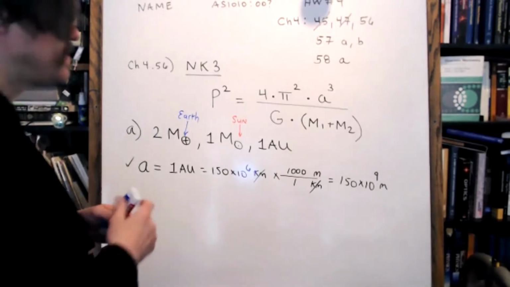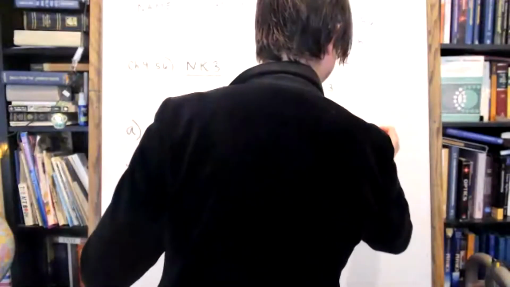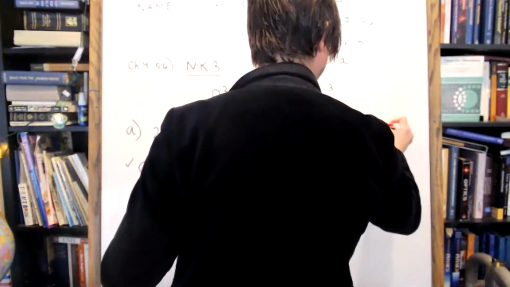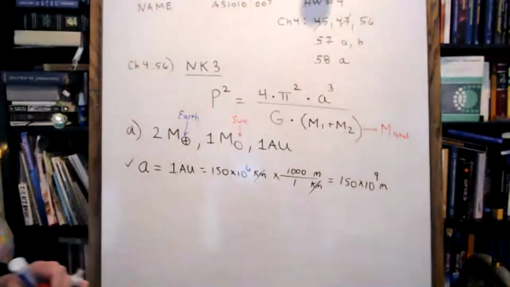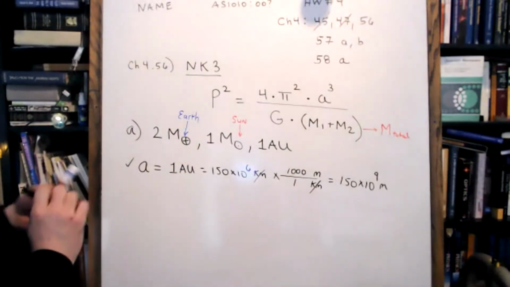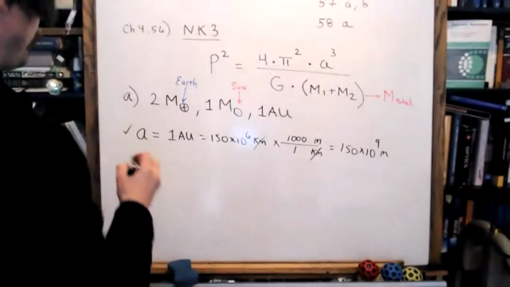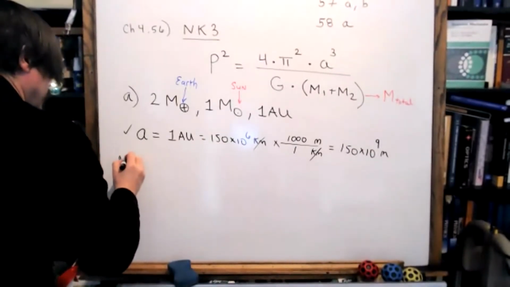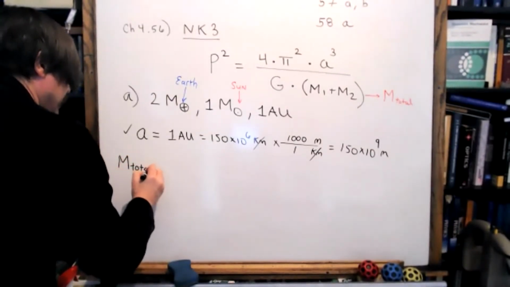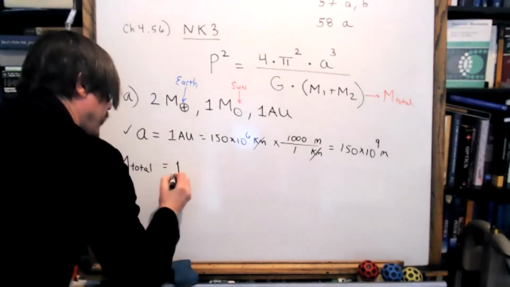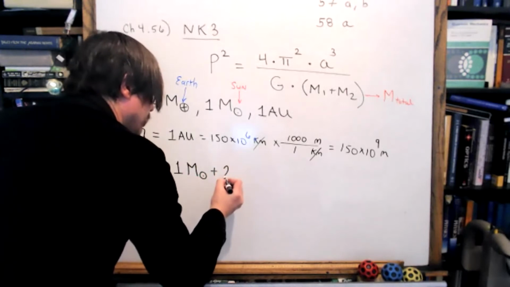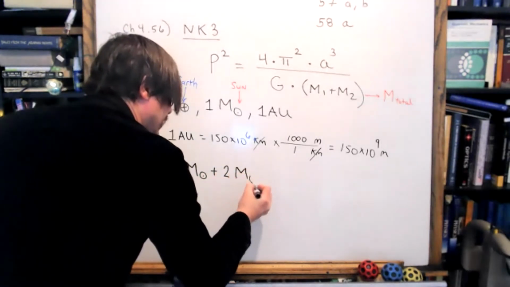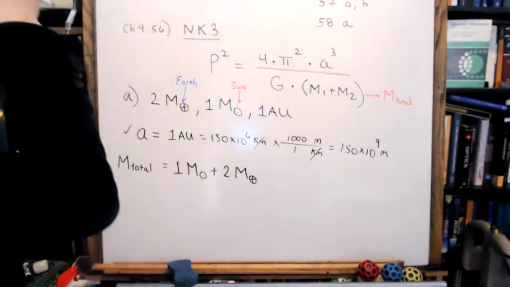All right. Sometimes it's customary to refer to this M1 plus M2 as the total mass of the system. And let's analyze the total mass together for a second. The total mass of the system is 1 times the mass of the sun plus 2 times the mass of Earth.